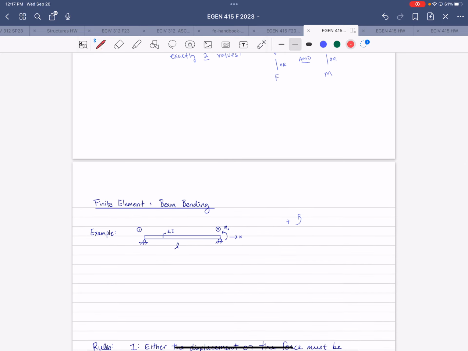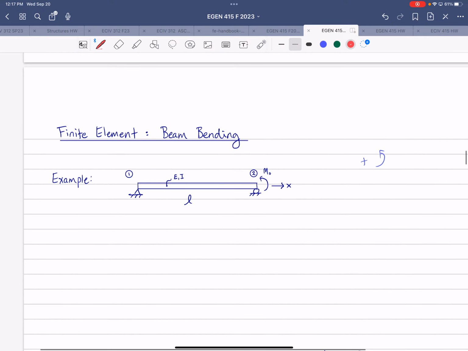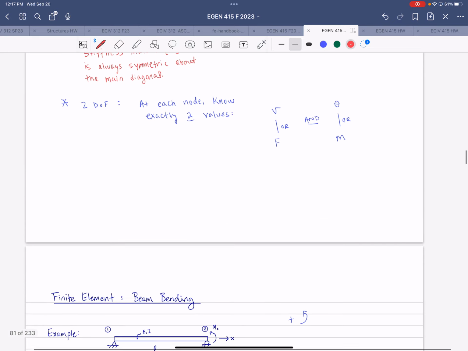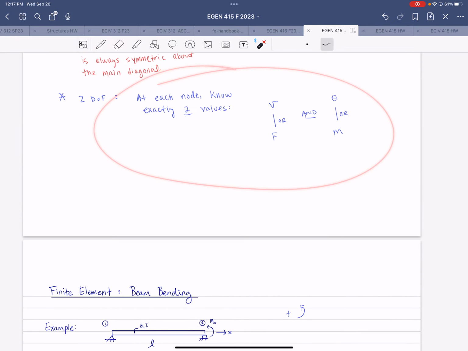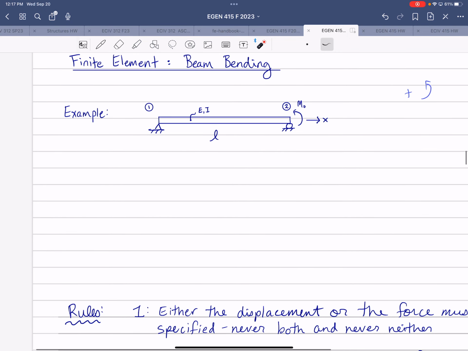So to start, we want to identify what we know at each node, right? So just continuing on from that last thought, we know exactly 2 things at each node. So at node 1, we know that V1 is equal to 0 because it's a pin support. But because it's a pin support, right, we don't know the rotation.